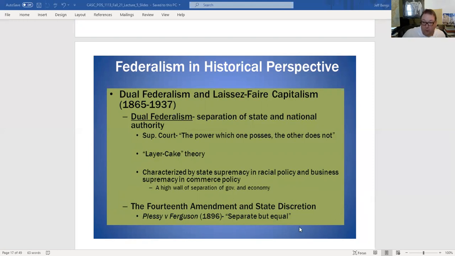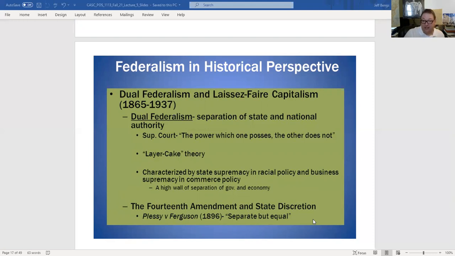You have the Supreme Court give its famous separate but equal decision. In Louisiana, an African-American man by the name of Homer Plessy had been convicted of violating a Louisiana law.